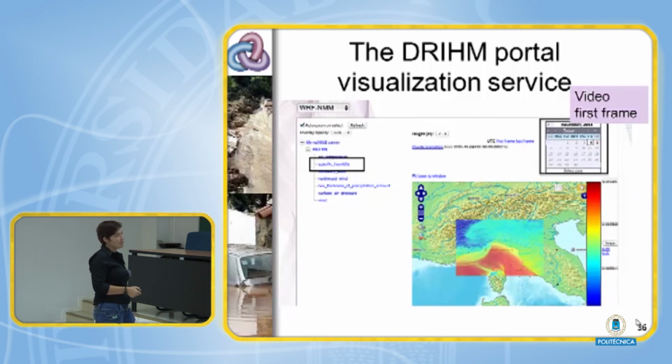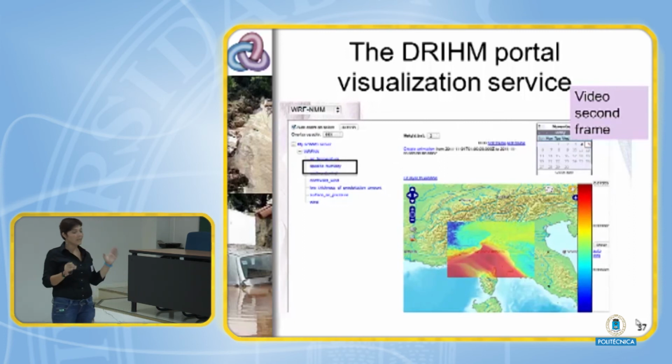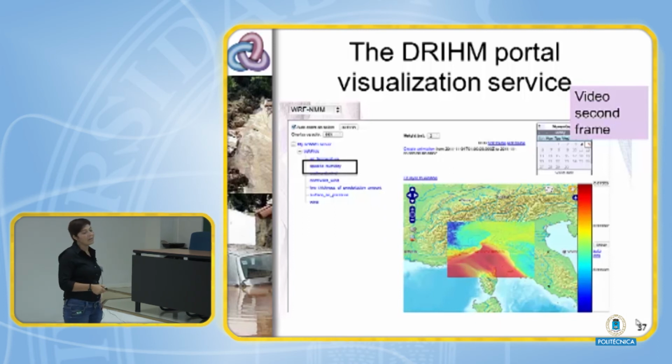You do the same for the second frame. So you move on to the second date, and you click on last frame. In this way, you are fixing the limits of your animation. Simply by clicking on create animation, your animation will start.